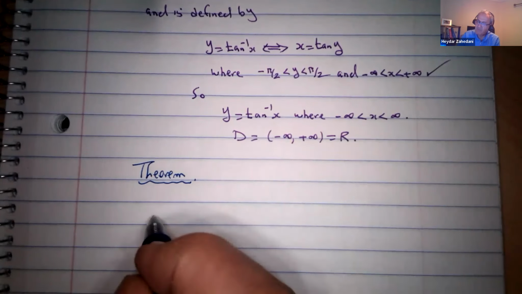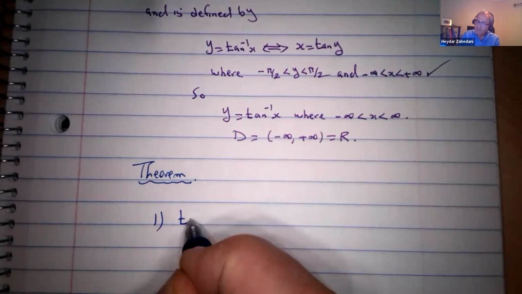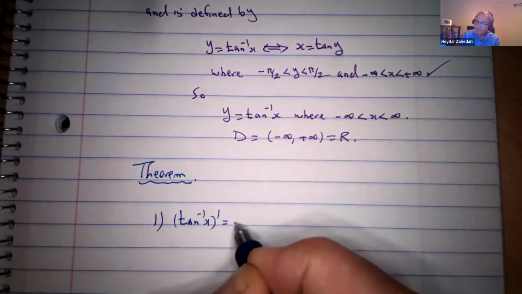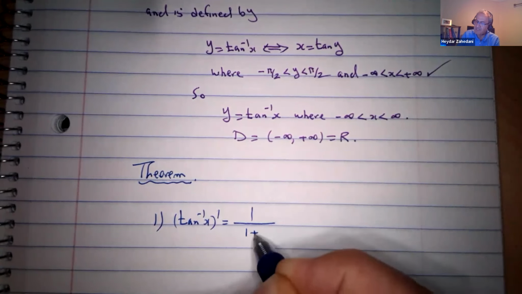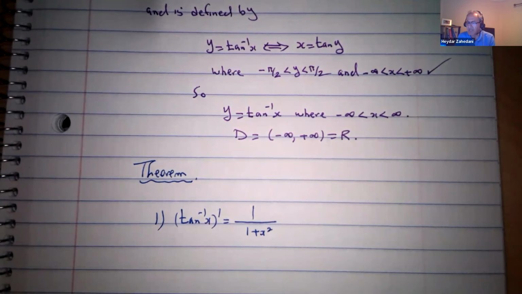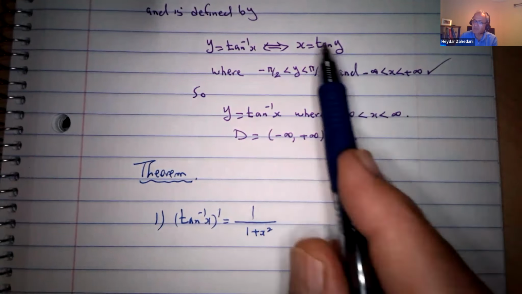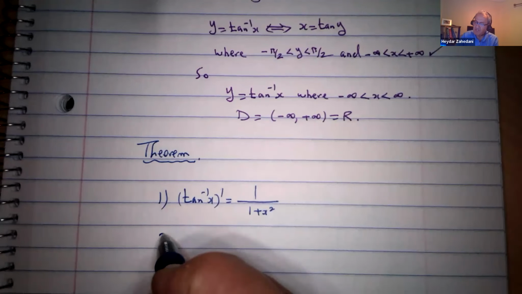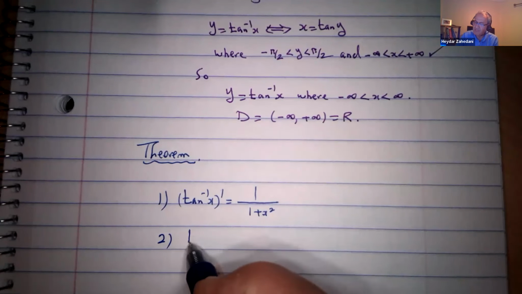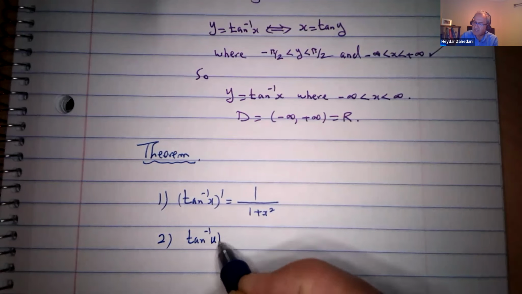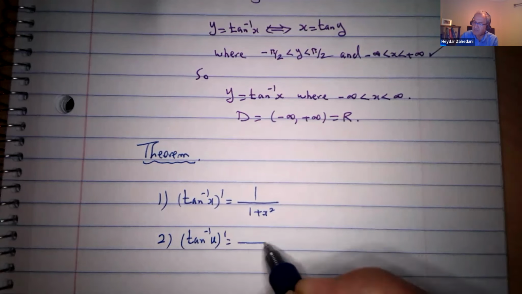The derivative of the tan inverse of x is 1 over 1 plus x squared. You differentiate both sides and you get it. And if you have a function u, the tangent inverse of anything other than x, again you have to multiply this by u prime, the chain rule.